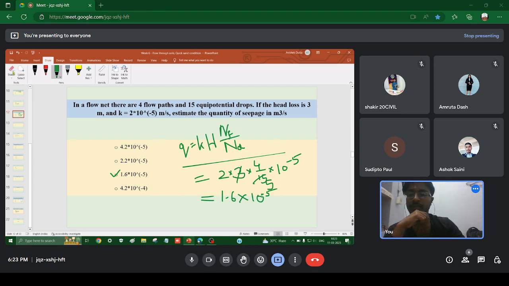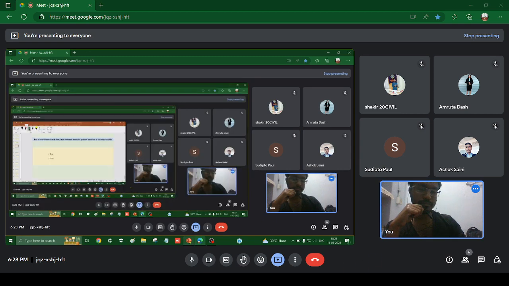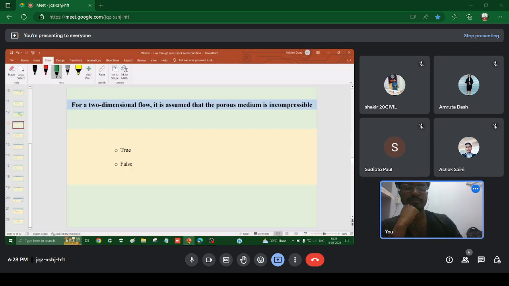Okay. Next question. For a two-dimensional flow, it is assumed that the porous medium is incompressible. True or false? True.